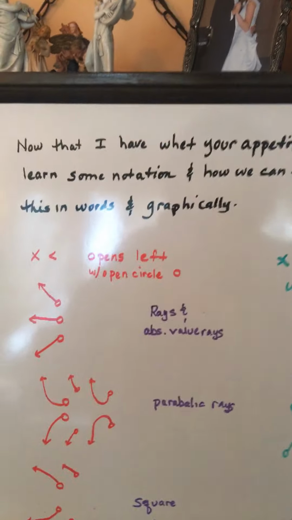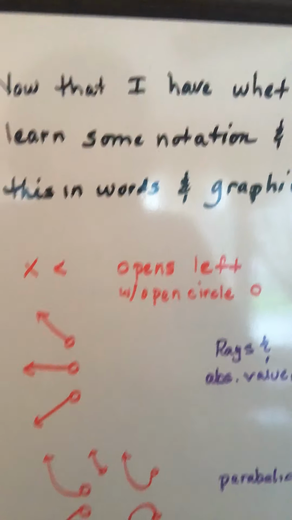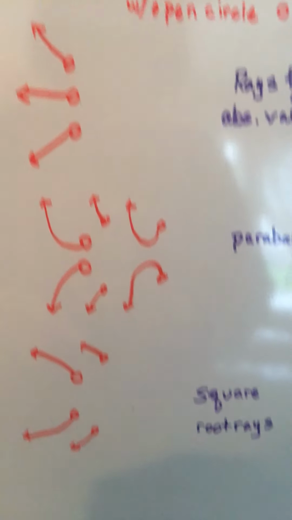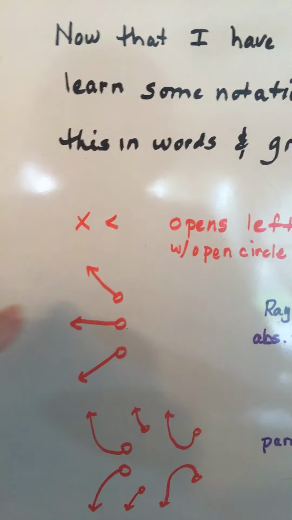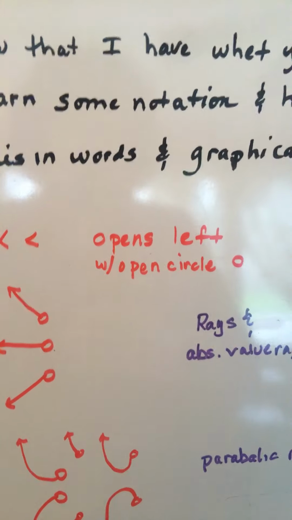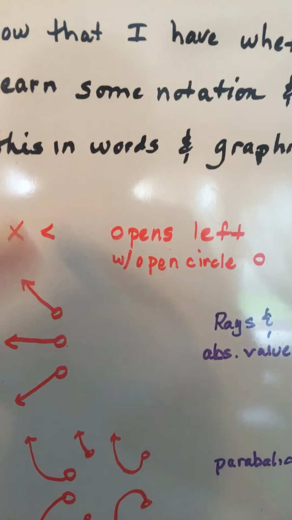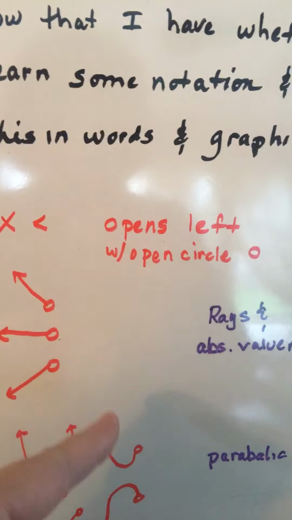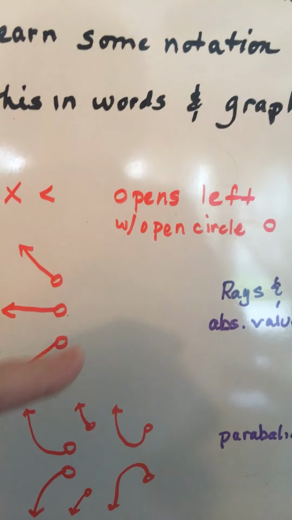these words graphically. Whenever x is less than, you're going to open left and have open circles in your graphs. Now notice if you're a horizontal line, you're going to go this way. If you're an oblique line, you're going to open like this or like this. This is negative slope. This is positive slope.